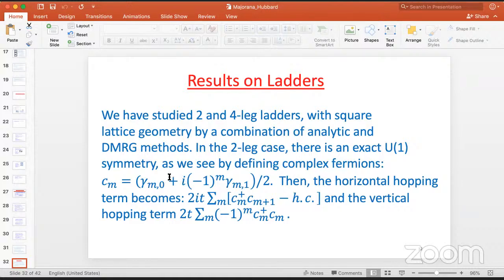On the 2 legs, we can combine the fermion on each leg, γ_{m,0}, γ_{m,1}, to define a complex fermion this way. The horizontal hopping term becomes c_m† c_{m+1} minus Hermitian conjugate, and the vertical hopping term becomes minus 1 to the m, c_m† c_m. So we don't have any breaking of U(1) symmetry in this case.